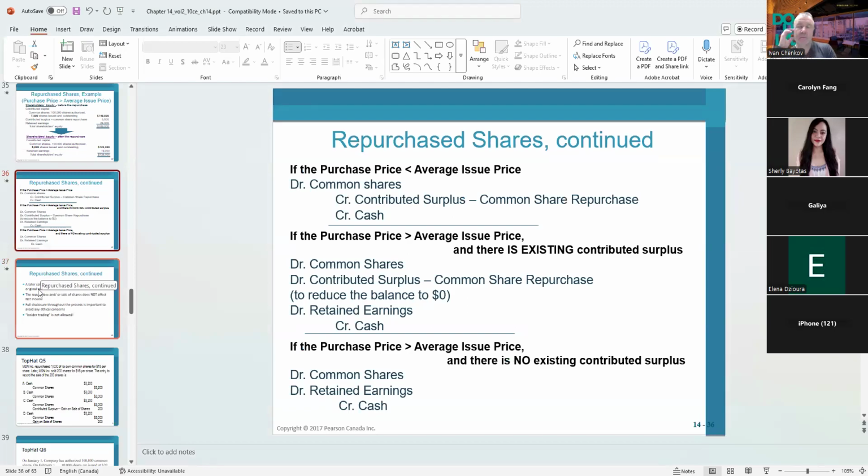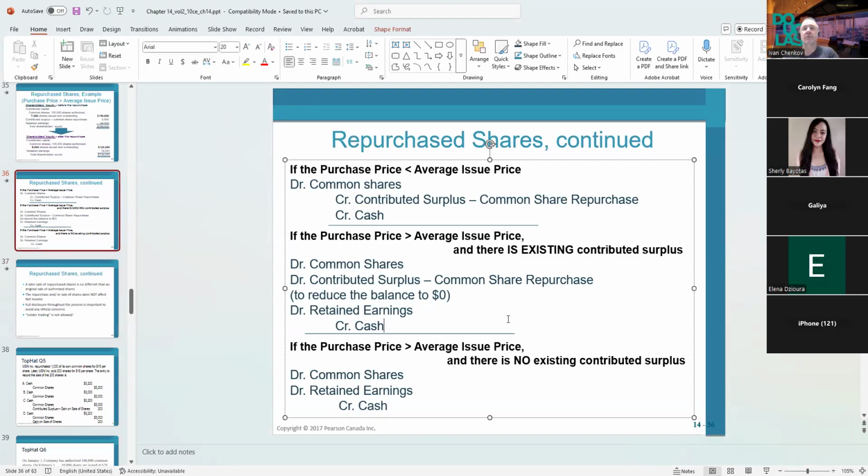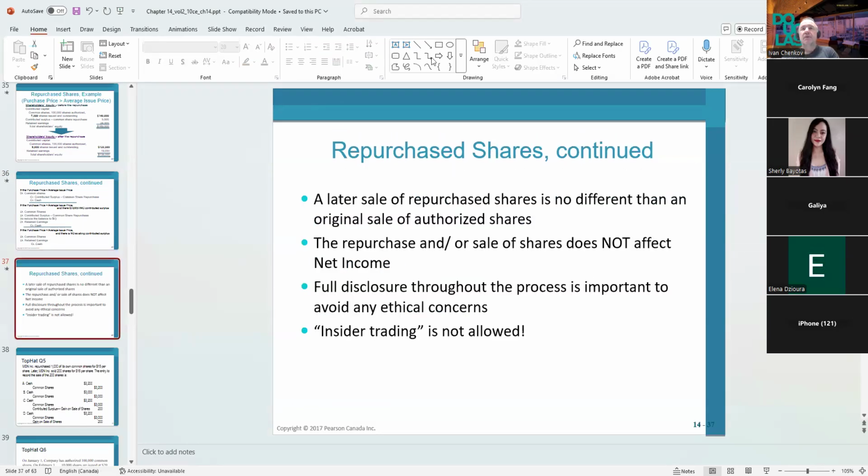So that's how repurchasing the shares works, and those are the issues arising from repurchasing shares and how you deal with them. So what are we going to do when we purchase those shares? Well, eventually, later on, you can sell them back, unless you have to destroy them, because as you remember, the shares that a company repurchases are called treasury shares, and based on the Canada Business Corporations Act, in some provinces, you have to destroy them.